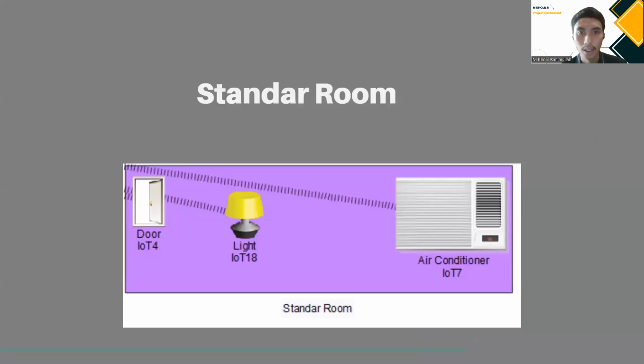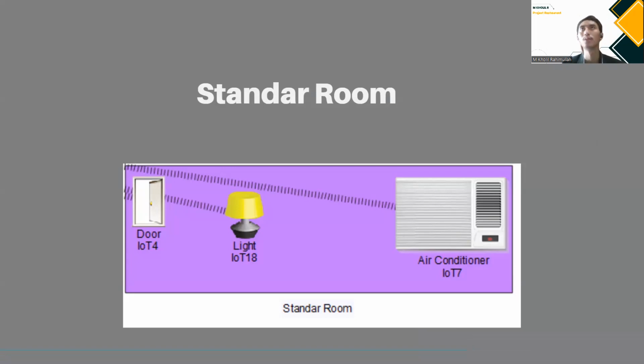The second is the standard room. I just want to give another perspective for Warteg, I think, because as we know, Warteg just gives some food and drinks, etc. But I want to give another perspective, so I made two rooms in this project.